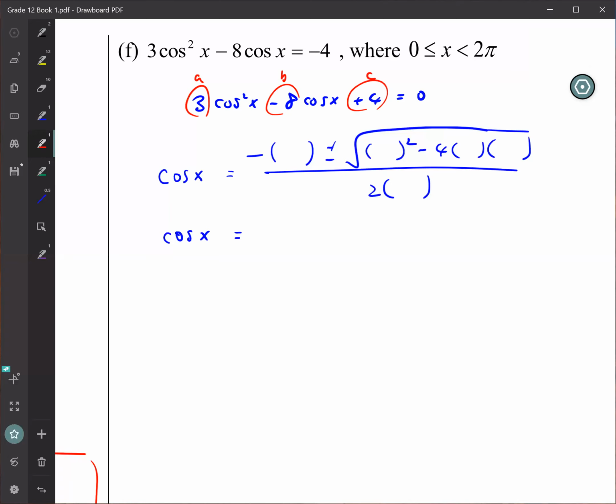What's cosine x equal? Please raise your hand if you finish plugging in.